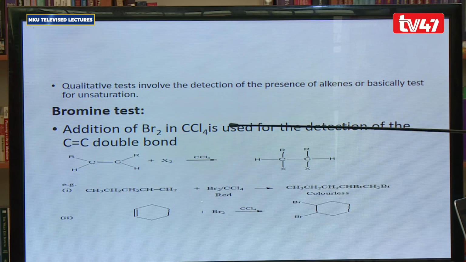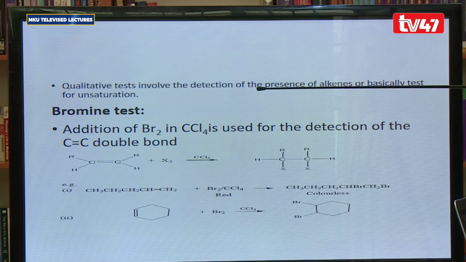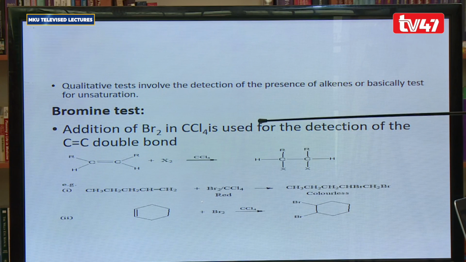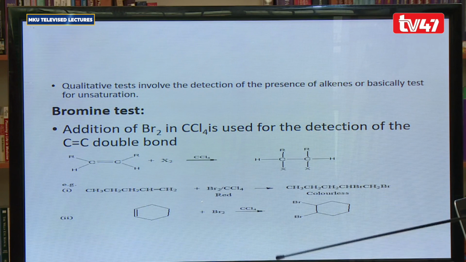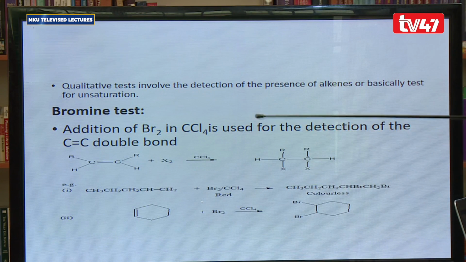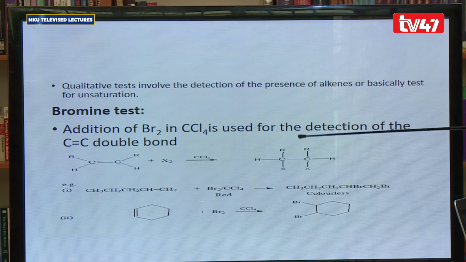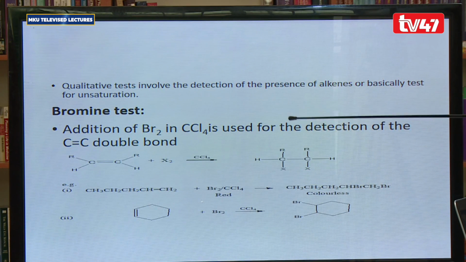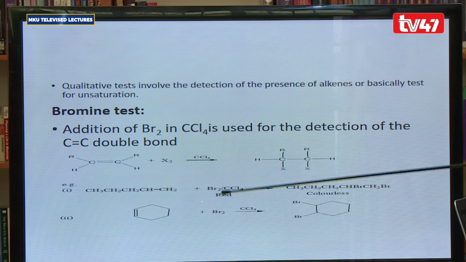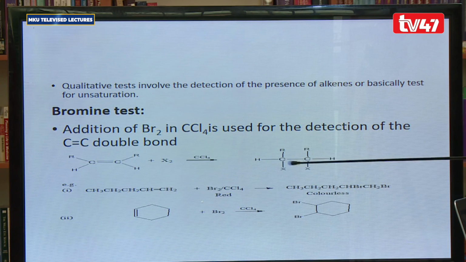Another test is that alkenes, unlike alkanes, will react with the halogens, even in the presence of darkness. And alkenes will decolorize, for example, bromine water, or bromine dissolved in carbon tet in the dark, because it will react through addition reaction.